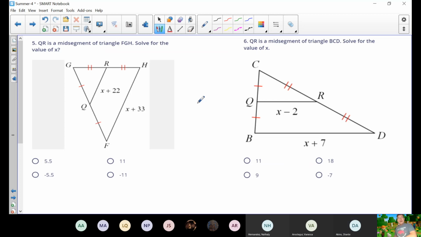All right, number 5. QR is a mid segment of triangle GFH. So for the X, now we talk about this question, right? How can you create the equation? You multiply by 2 equal to this, right?